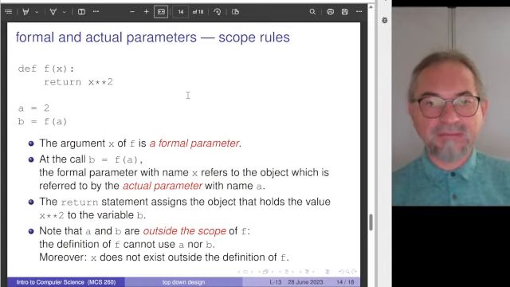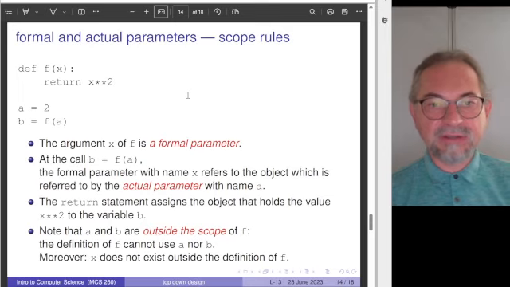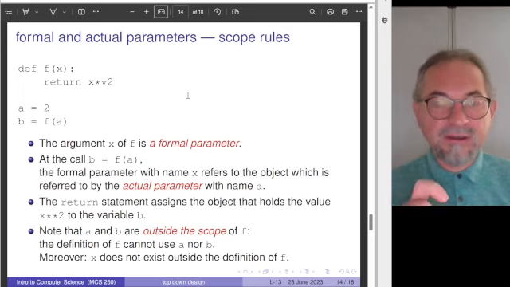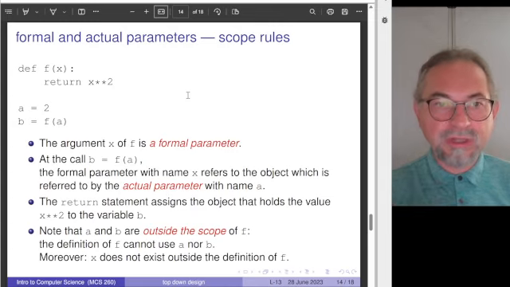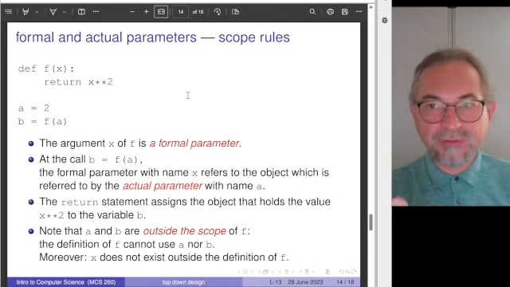I will make that more precise in the next slides. And then there are the scope rules. So when you define the function, you actually do not know what a and b are. So you can't really get access to a and you can't really get access to b. So they actually cannot be used.